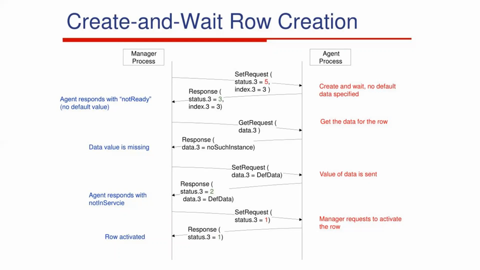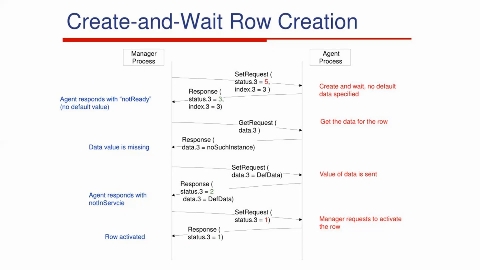Only the manager and the agent are shown, not the managed entity, in the diagram. The manager process sends a set request PDU to the agent process. The value of status is 5, which tells the agent that the manager process wants create and wait. The third columnar object does not accept a default value in the set request message.